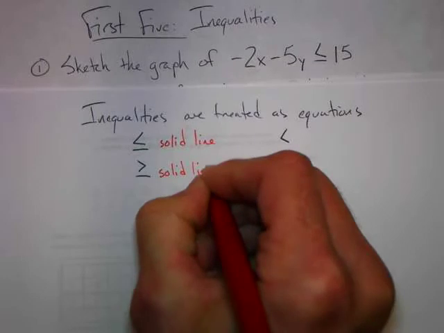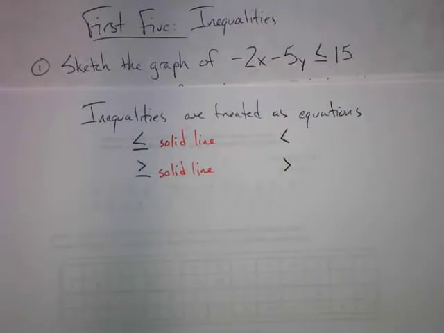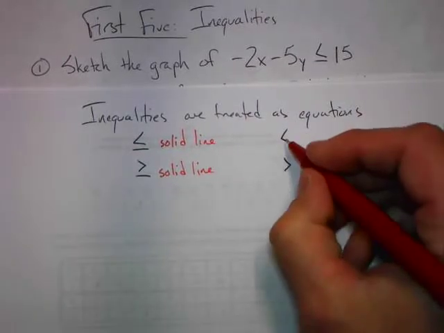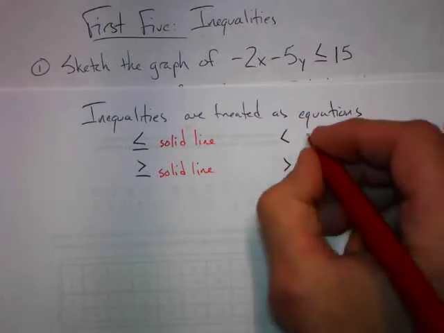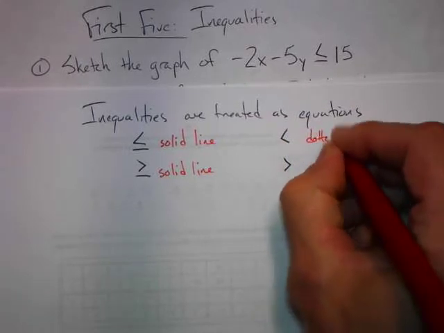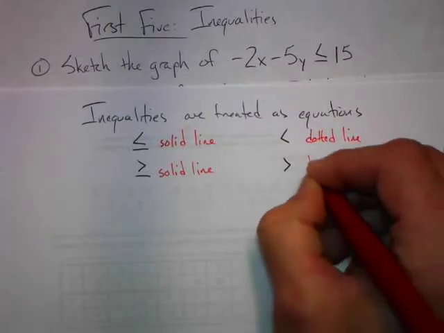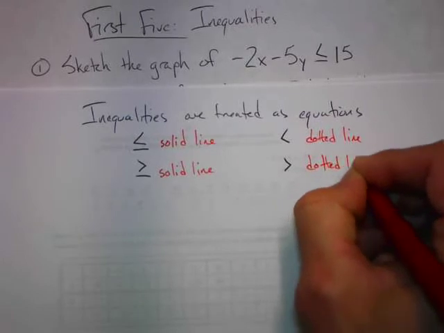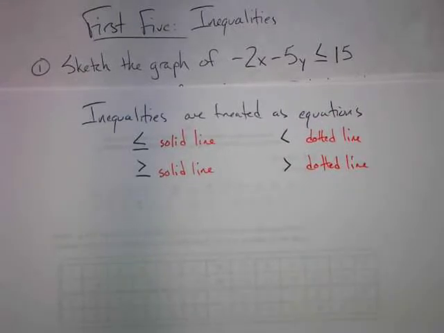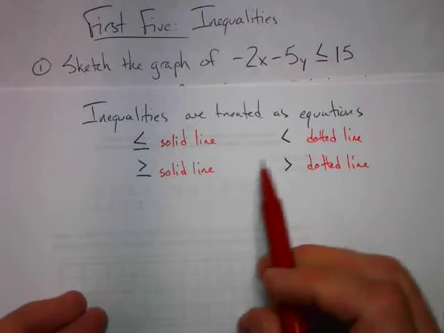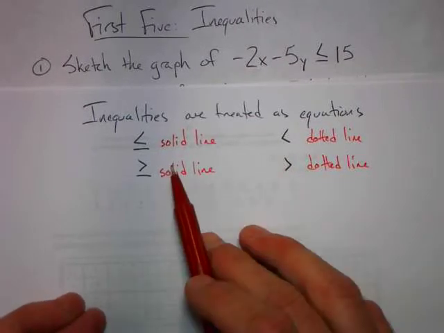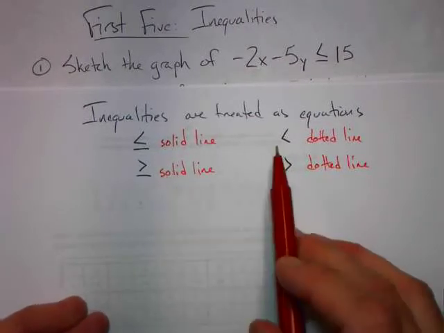If an inequality doesn't read "or equal to," you're going to have a dotted line. So that's the first difference between inequalities and equations. We're going to have solid lines and dotted lines, and that all depends on whether or not we're dealing with something that is "or equal to" or not.